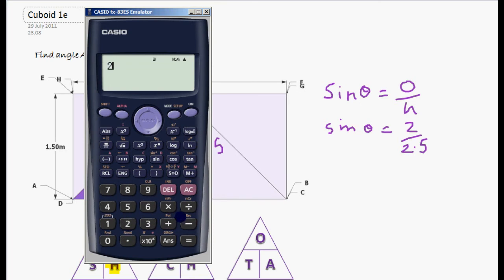So 2 divided by 2.5, we should know what that is, 4/5. Now we won't necessarily know how to find theta. We do shift sine, inverse sine, because we've got sine of theta equals 2 over 2.5. So we're going to inverse sine the answer to get the angle, and we get 51.13 degrees.